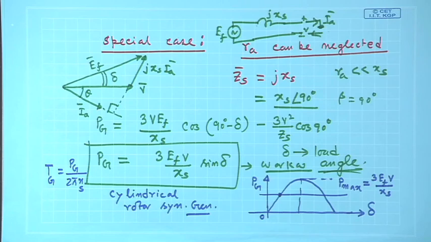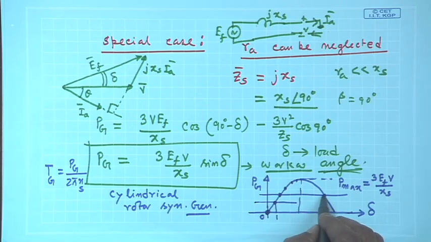And the prime mover torque must be the same, but in the opposite direction. When the machine is operating under no load condition, the operating point will be here, at 0. Go on increasing the load, and the value of delta will increase. At this load it will operate here, at this point it will operate here, like that.